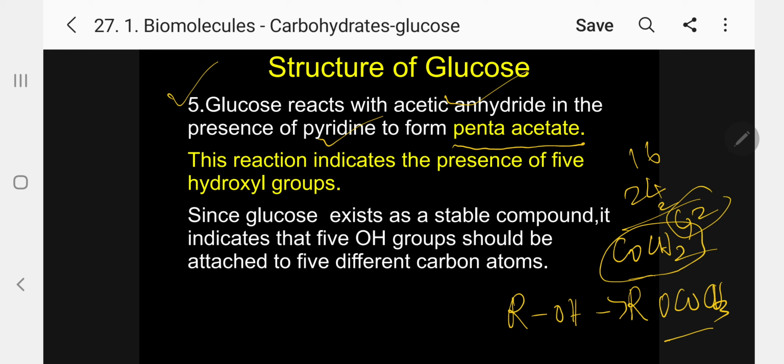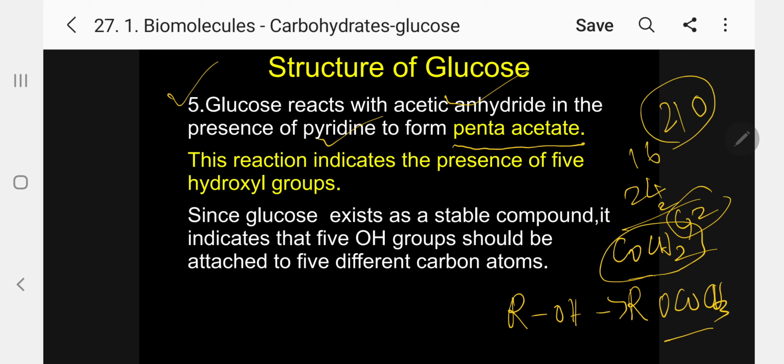Compare, and if there is an increase of 5 times 42, that is 210, the molecular weight will increase from glucose. Kindly follow. For every OH group, 42 mass units will increase. So 5 into 42 will give 210.